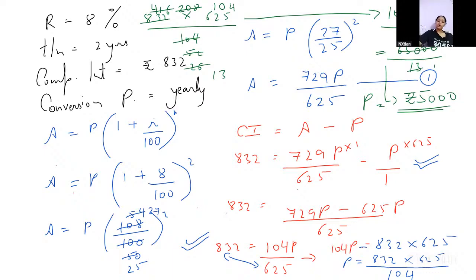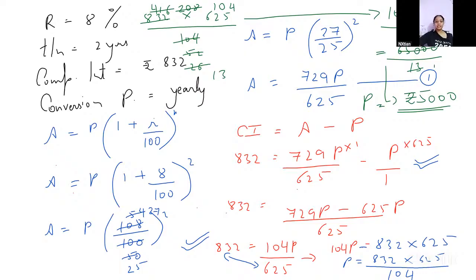Tomorrow I will teach you how you can do it with the decimal form of 8 upon 100. The numbers are becoming a little bigger. Okay, just see, I have solved it till 104. 832 becomes 104. Then you multiply 104 with 625.